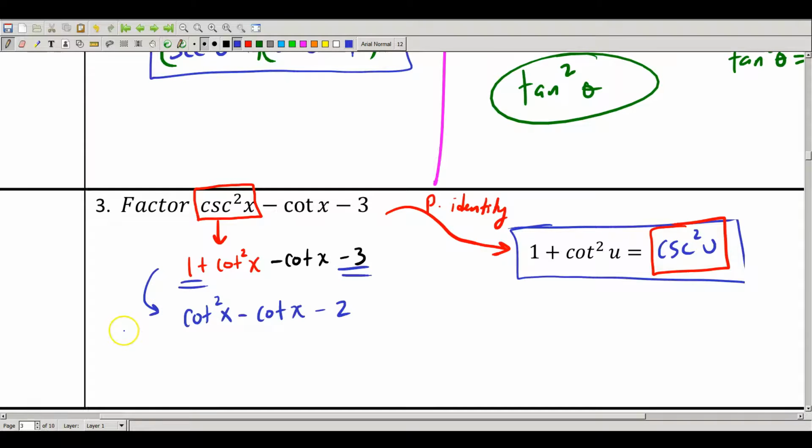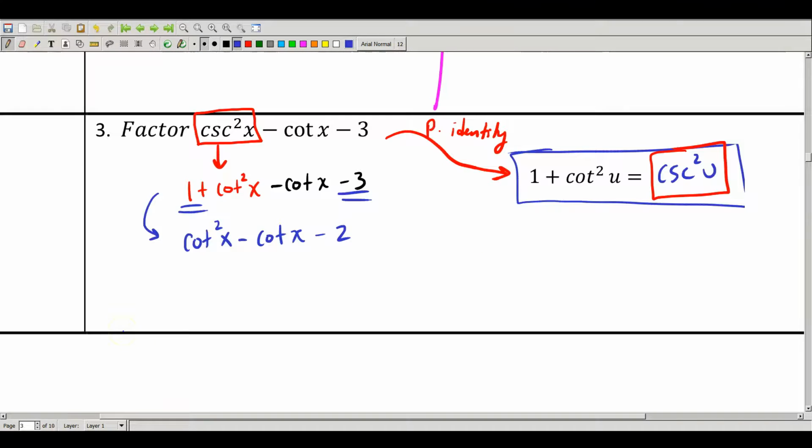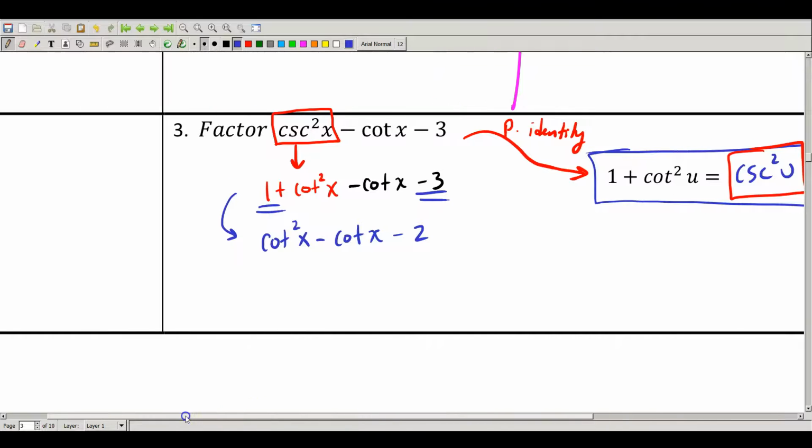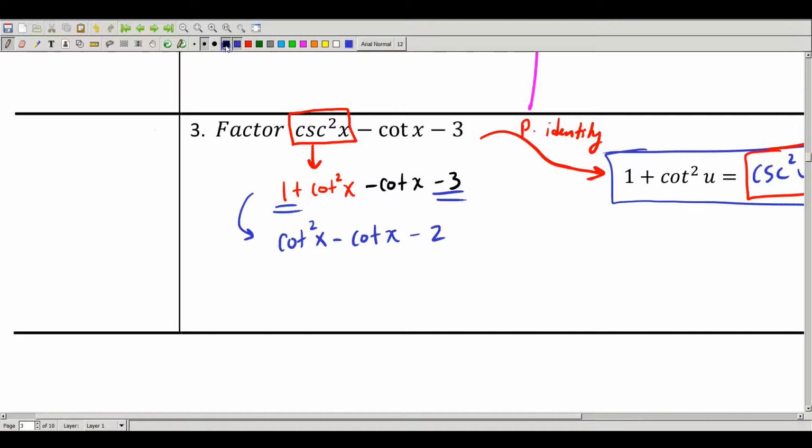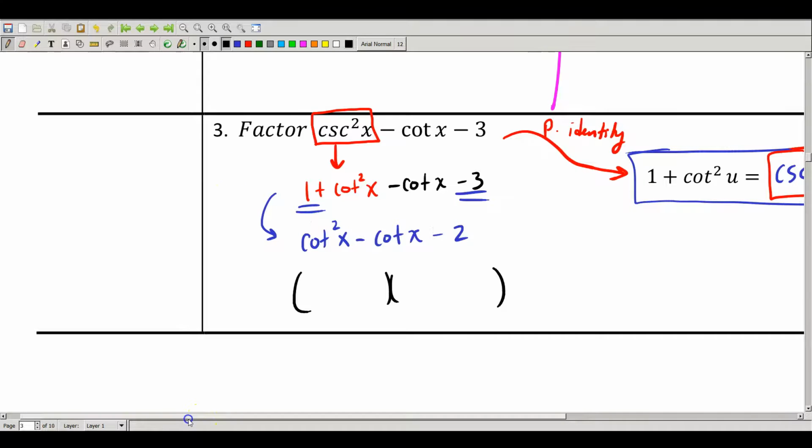Now we have this trinomial, and we're going to factor this in a traditional way with two parentheses. Let's see if we can break this up into parentheses times parentheses. I'm going to do this off to the side just to show you a comparison. What if we just thought of this as x squared minus x minus 2?